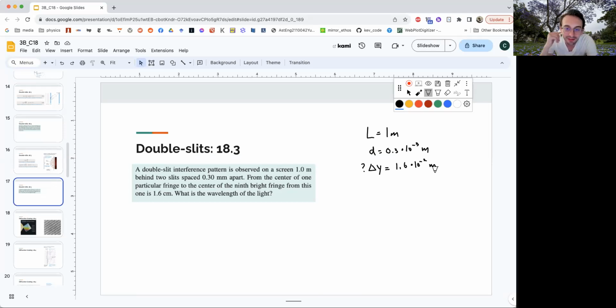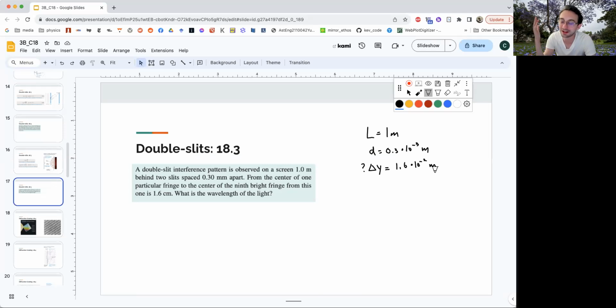Let's read it again. So from the center of one particular fringe to the center of the 9th bright fringe from this one. So it's 9 bright fringes away. So maybe the first fringe is the 3rd one, and then the next fringe that we see is the 3 plus 9, so the 12th fringe. So they don't tell us the numbers of the particular ones.